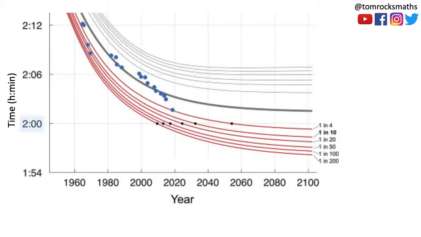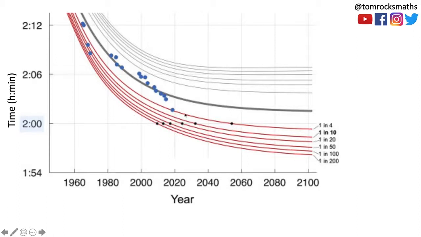So this idea I mentioned about it being very difficult for us to predict the future, we can actually quantify how much we believe in a certain prediction by adding in randomness or adding in probability to our model. And so doing this here, we get the same shape curves, so the red lines are the same shape as the grey, but they're lower down. So the top one is a 1 in 4 chance of happening, the next one is a 1 in 10 chance, down to a 1 in 200 chance.